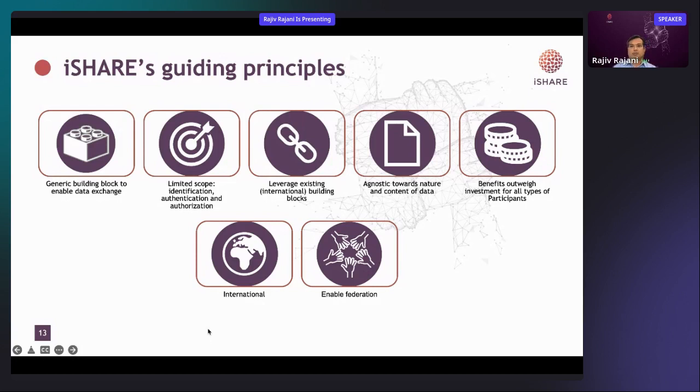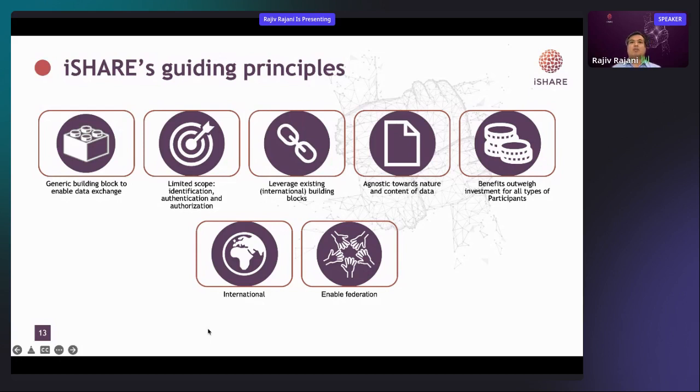Another key principle is that benefits always outweigh investment for all types of participants. That is essentially because it was a market co-creation. It often happens that when there are larger players involved, they influence a lot because they bring in a lot of investment, which has the potential to influence it in their favor.